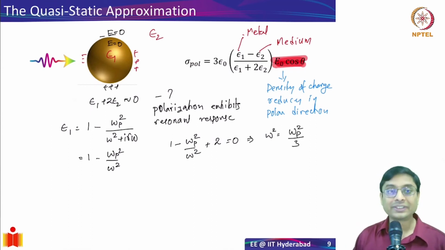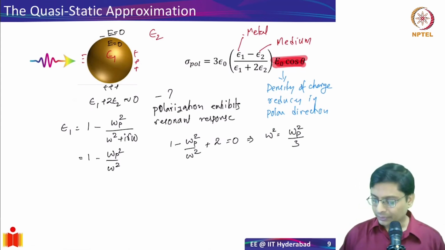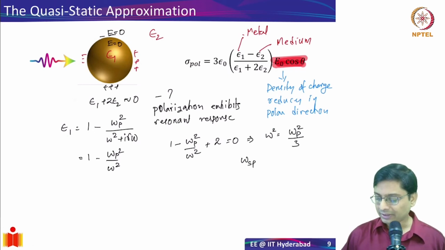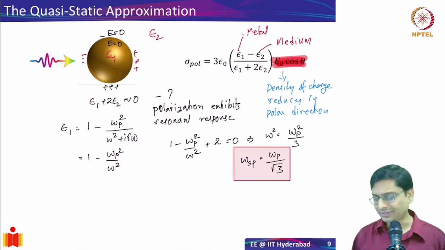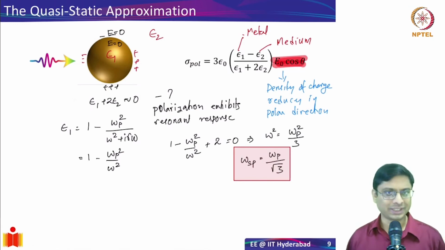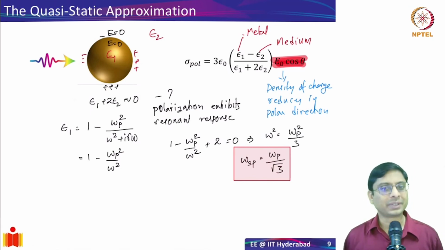This is a characteristic frequency, and we'll give it a name. We'll call it the surface plasmon frequency, which is omega p divided by root 3. At this frequency, omega p by root 3, epsilon 1 becomes close to minus 2, and that's why it becomes resonant.